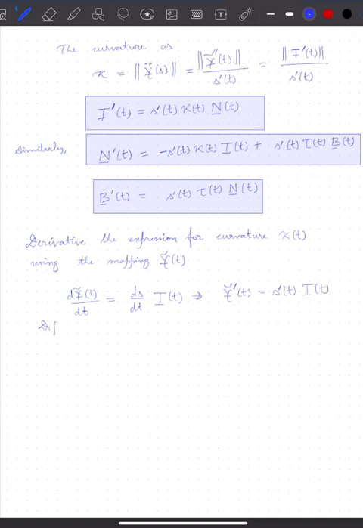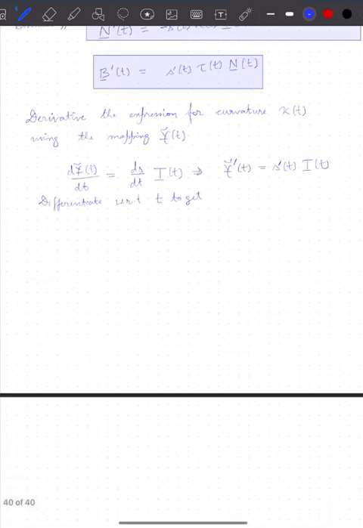Now differentiate with respect to t to get gamma tilde double prime, which is equal to s double prime of t times t vector of t plus s prime of t times t prime of t.